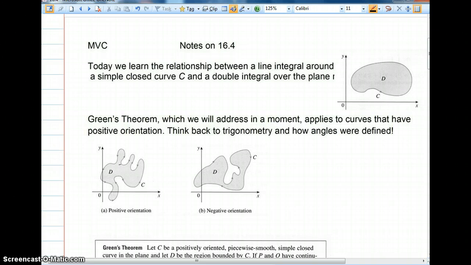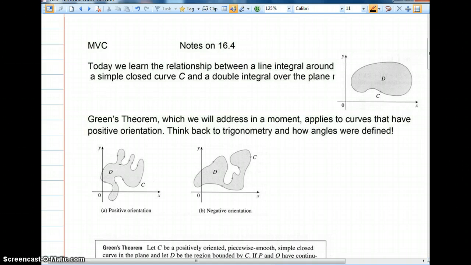But let's face it, that's a little contrived. Who's to say that the vector field F would be equivalent to a gradient function? Very often that doesn't happen.